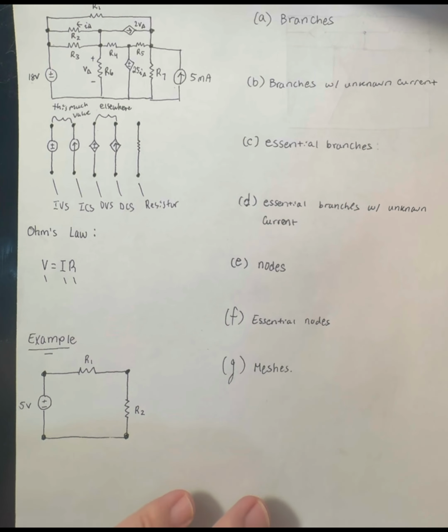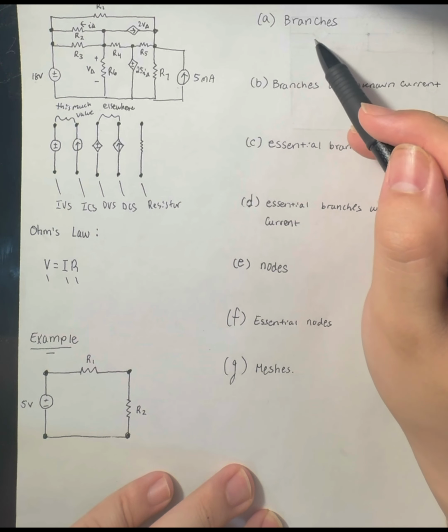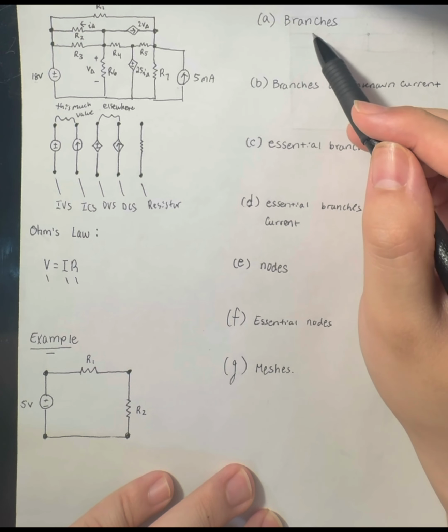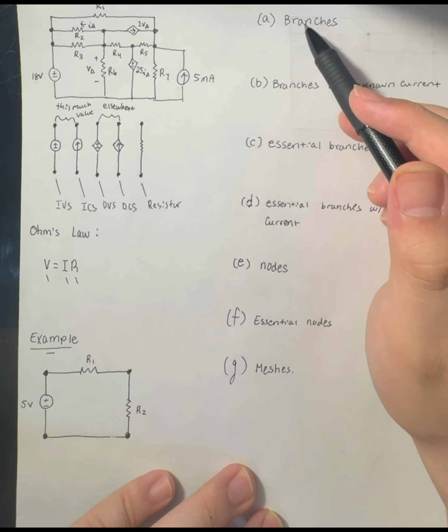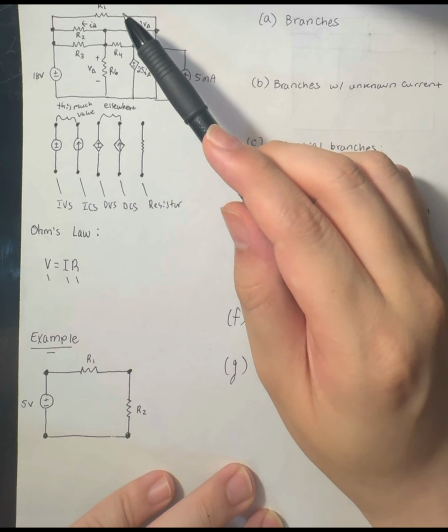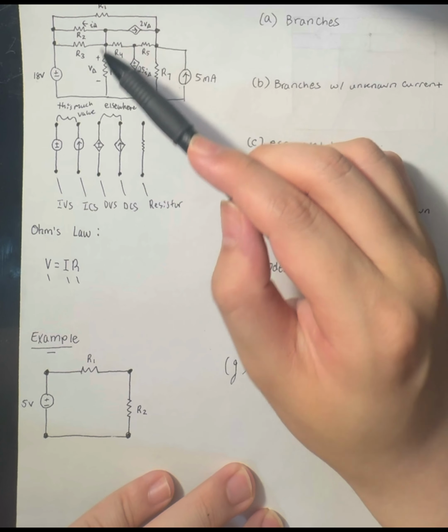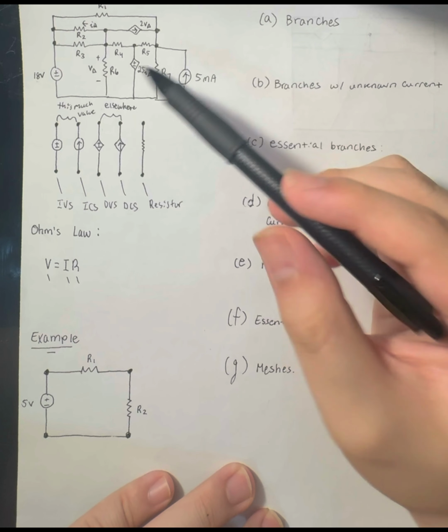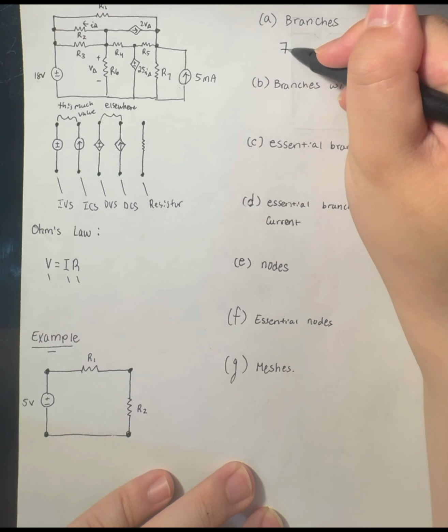Now let's talk about what branches are. A branch is basically the circuit elements that you see in your schematic. In the schematic here, we have a total of 7 resistors, right? So that's 7.